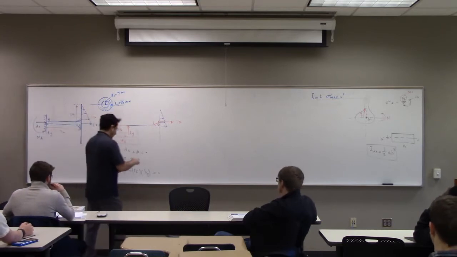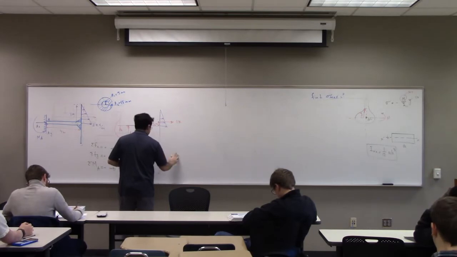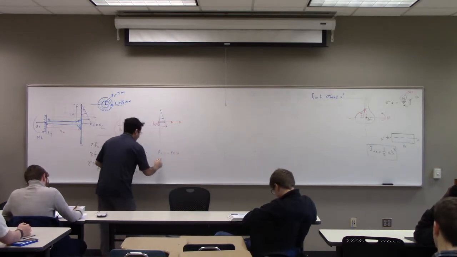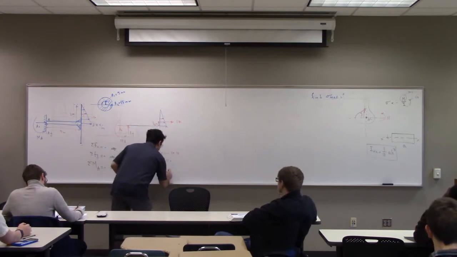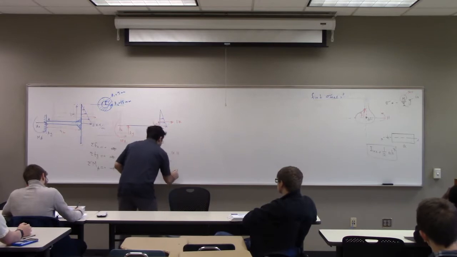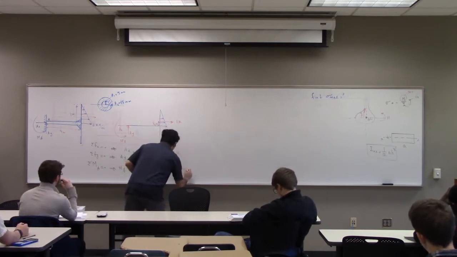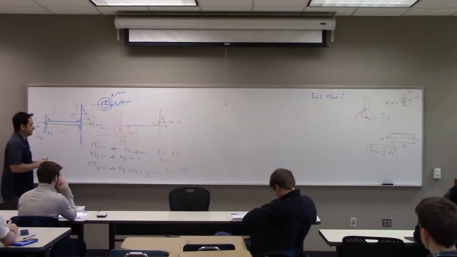Solve. So when you solve it, you get AX is equal to negative 1K, AY is 0, and MA is equal to 1000 divided by 3. That's what I have. Okay?